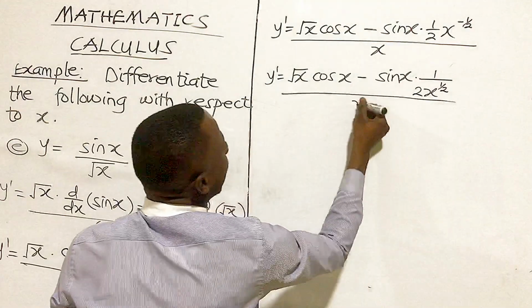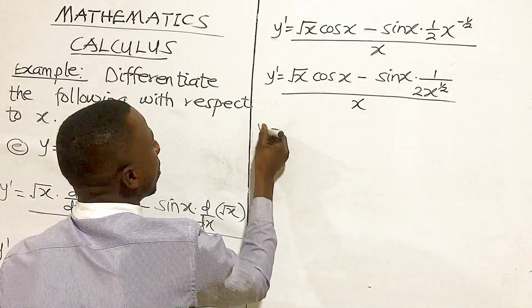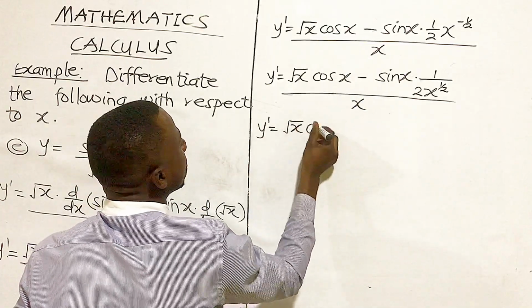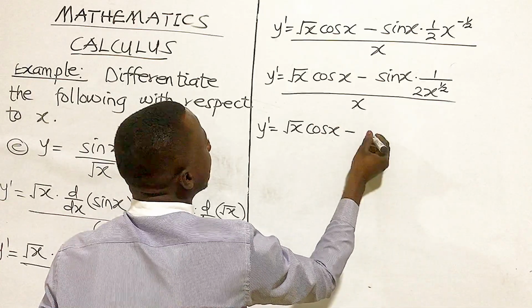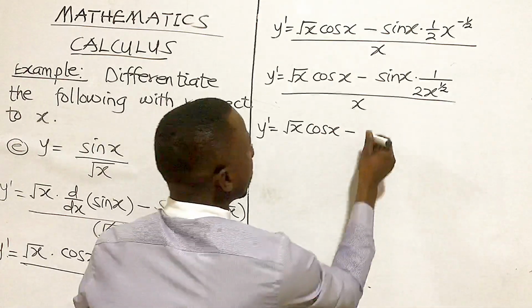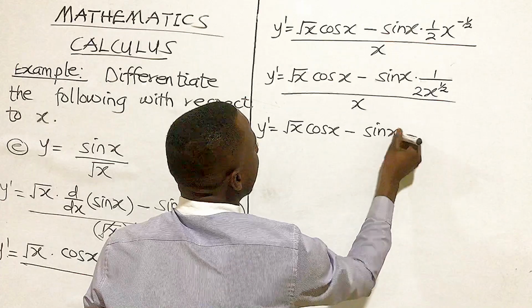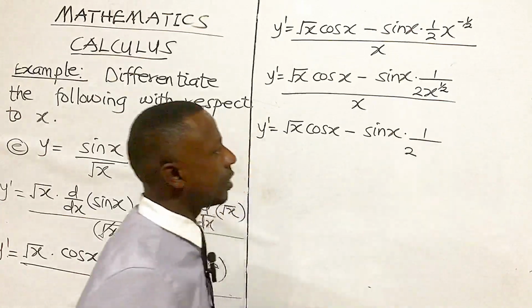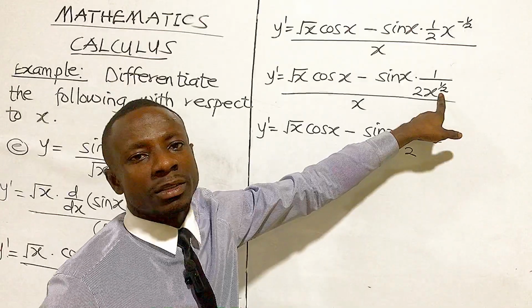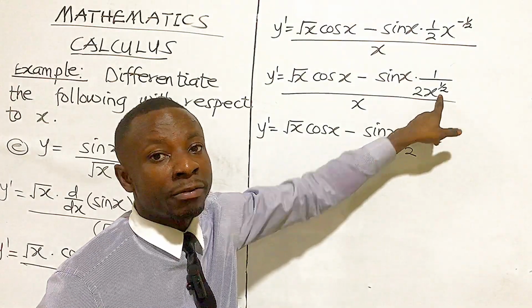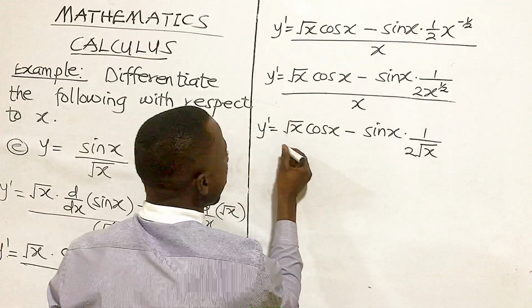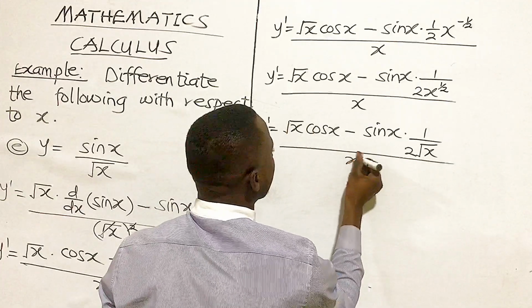All over x. So now I still have y prime to be root x cos x minus sine x multiplying 1 over 2. And from here, the x power half is the same as root x all over x.